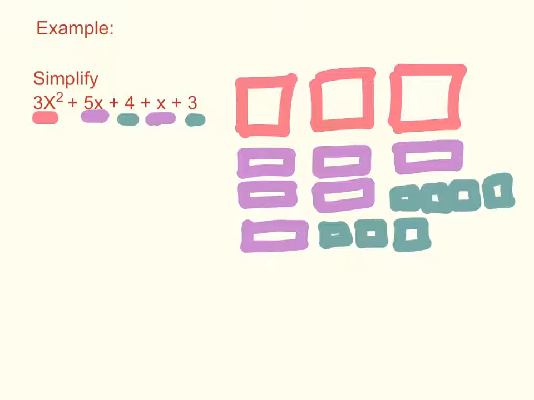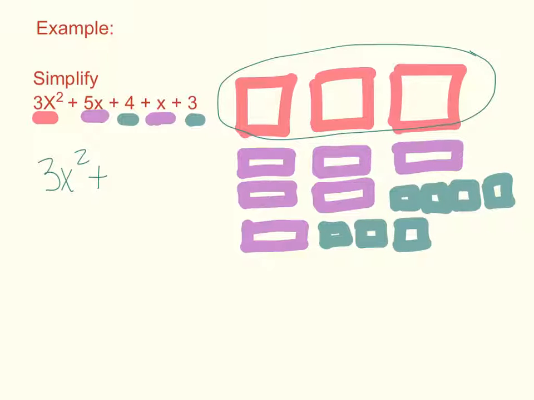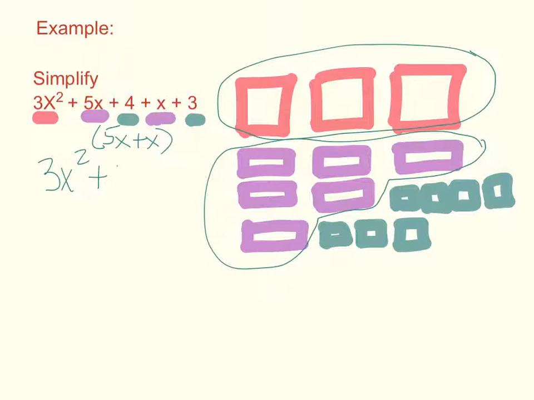So essentially what happens is you group these things according to what they have alike. So 3x squared doesn't get grouped with anything else, so that's just 3x squared. But then all these rectangles can get grouped together. So in algebra you could write that as 5x plus x, and that's 6x.